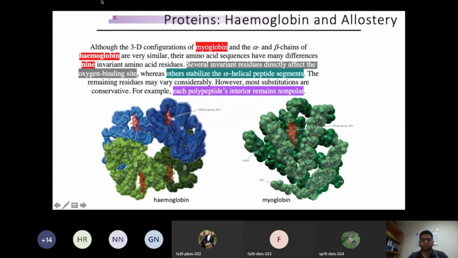So these are the 3-dimensional structures of myoglobin and hemoglobin. Although their structures are quite similar to each other, of course the hemoglobin molecule is evolutionarily conserved in all organisms, when you talk about reptiles, avians, and mammals, but still there are some invariant residues.